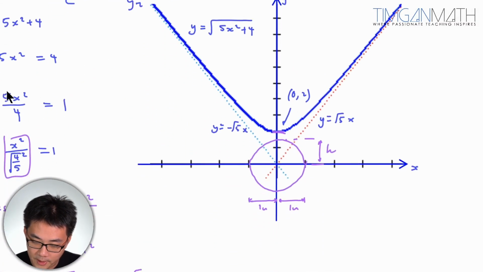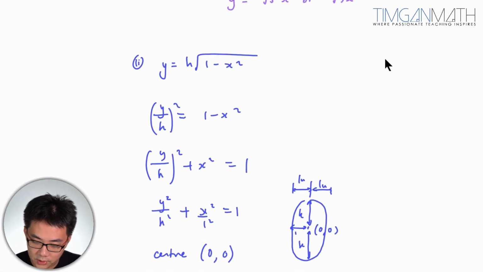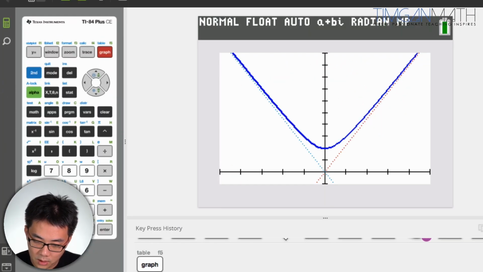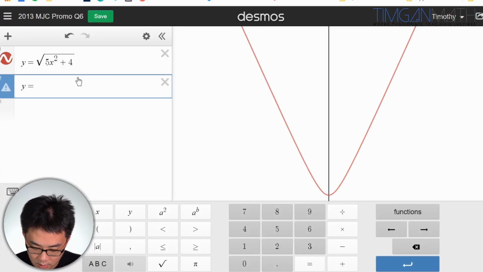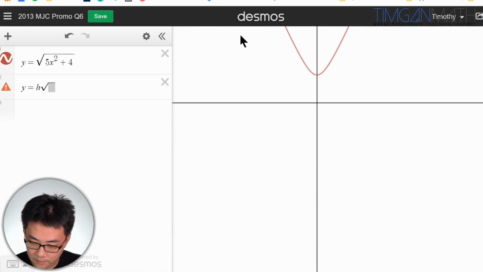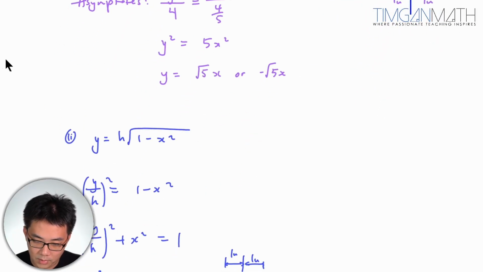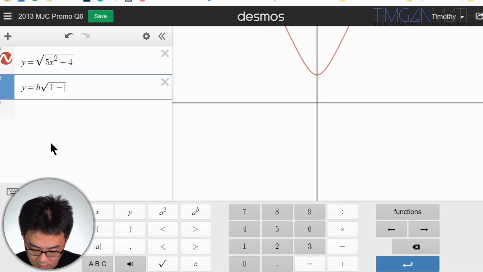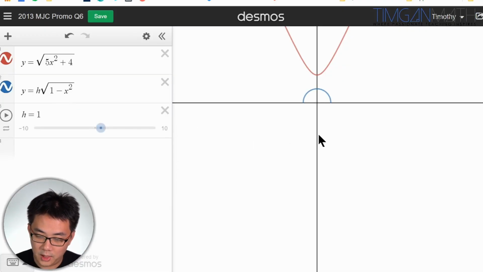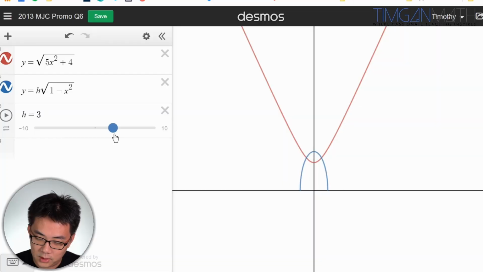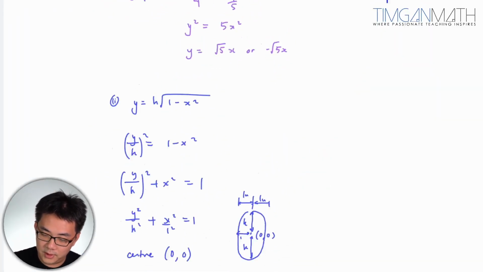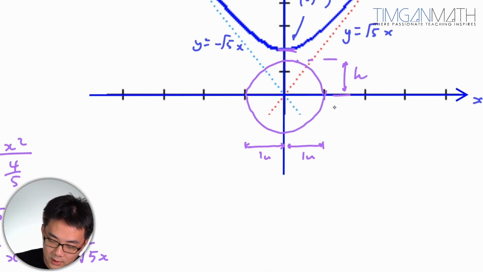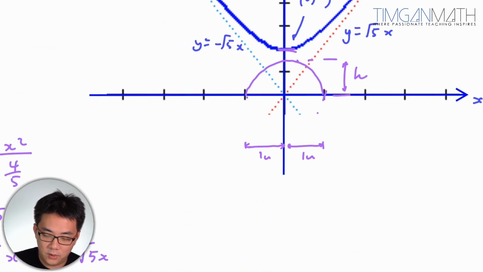Then we have another graph here, which is y equals h square root of 1 minus x squared. You add an h there. There you go, this is the graph here. This will just go up and down with a different h here. I forgot this ellipse is just the positive side because h is positive. You take only the positive side.